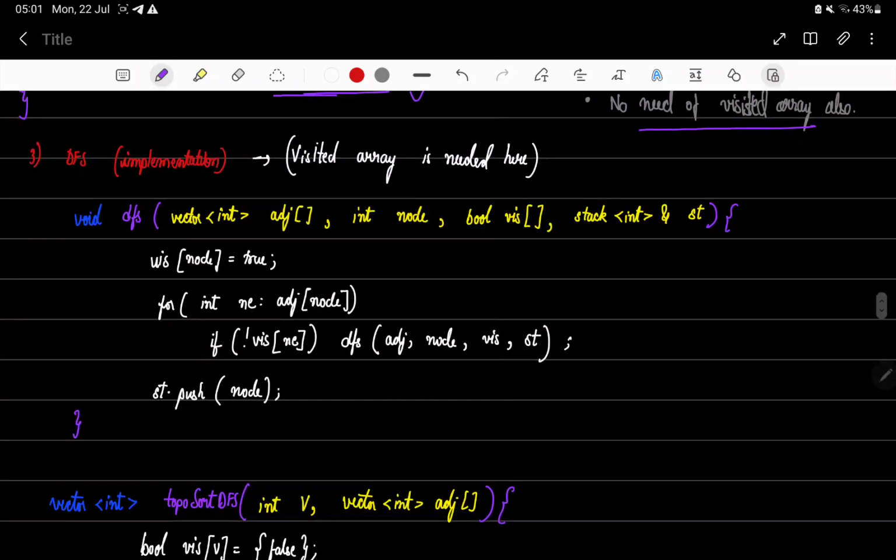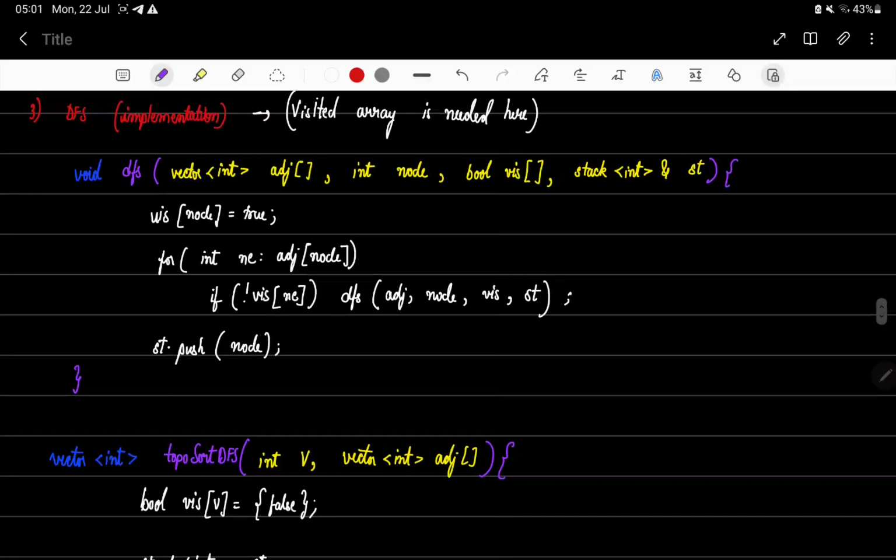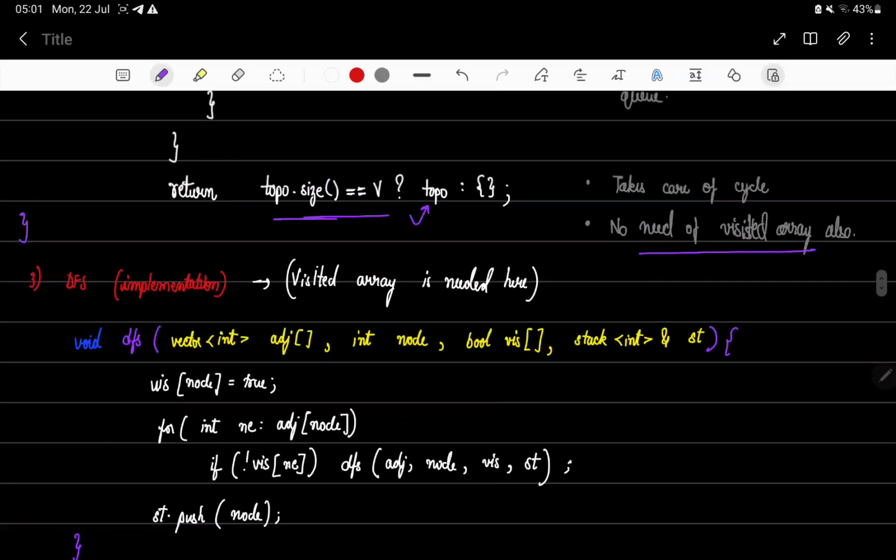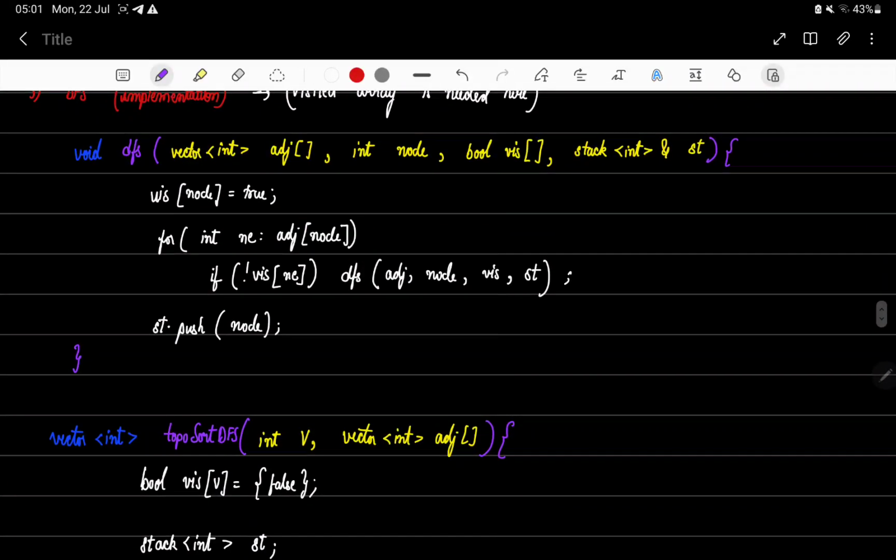So that is that. Coming to the DFS implementation, which might not be very intuitive, but yeah, we can just take a look at it.